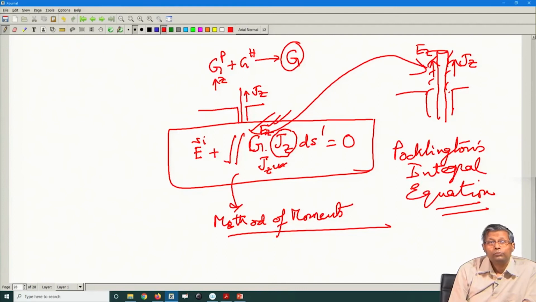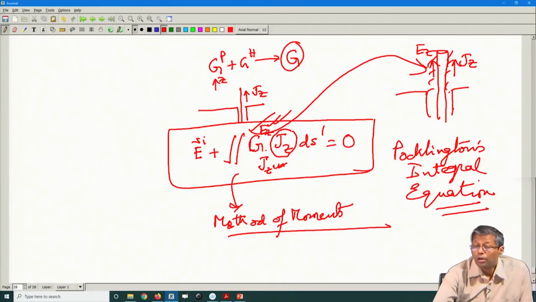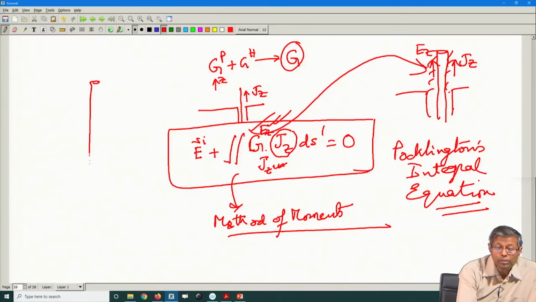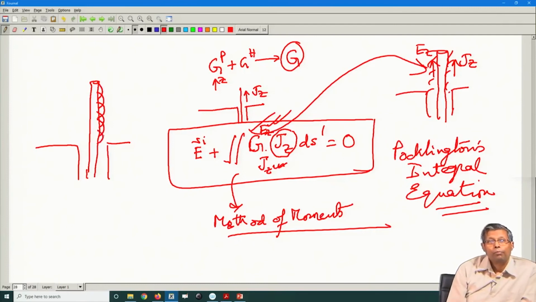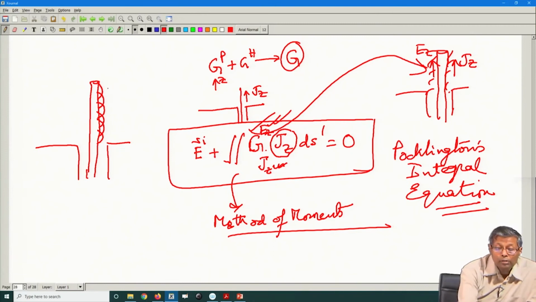Essentially, we take this probe surface, which is here, and break this up into piecewise sinusoidal basis functions. So, we evaluate the unknown currents in each of these basis functions.